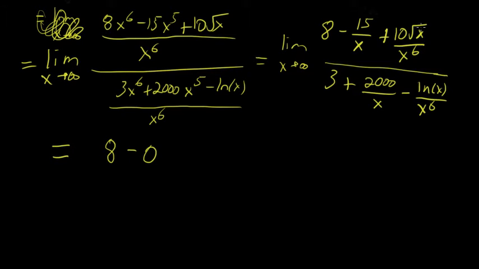The square root of x is going to get bigger as x gets bigger, but not quite as fast. So when x is 100, the square root of x is only going to be 10. When x is 900, the square root of x is only going to be 30. So it's going to grow as x grows, but not as fast. The denominator, however, is going to grow much faster than x grows. So when x is 10, x to the 6th is going to be 10 to the 6th.